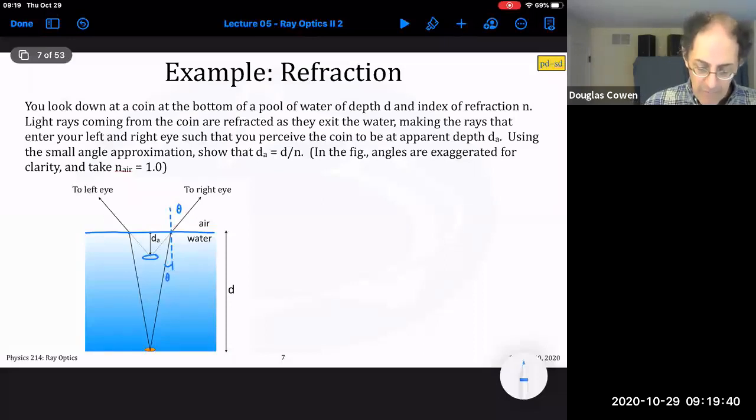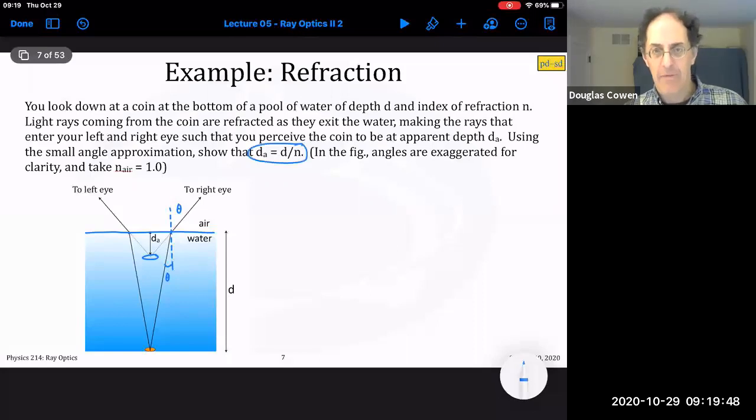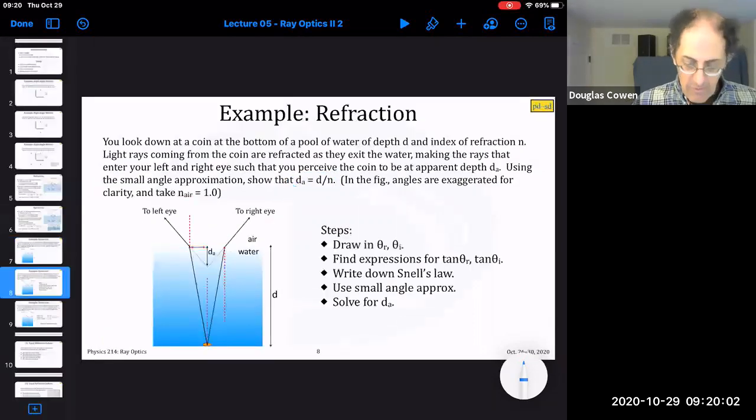So what we want to do is show that d sub a is equal to d divided by n. So the perceived depth, the apparent depth, is given by the true depth divided by the index of refraction of the water in this case. So let's do that. The steps are going to be, first, to draw in a bunch of normal vectors, which I've done with these red dashed lines, and then draw in what the various refraction angles and incident angles are.